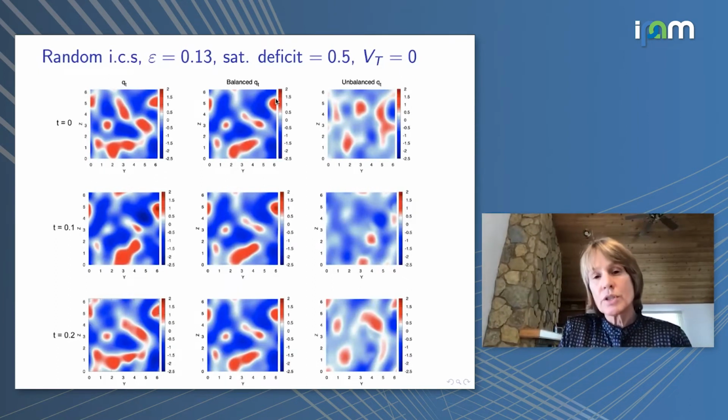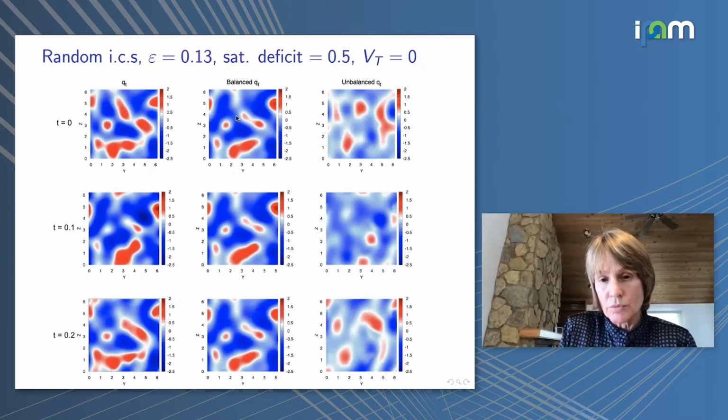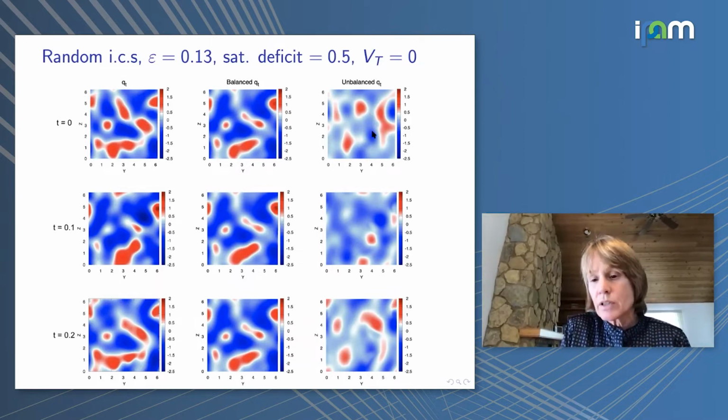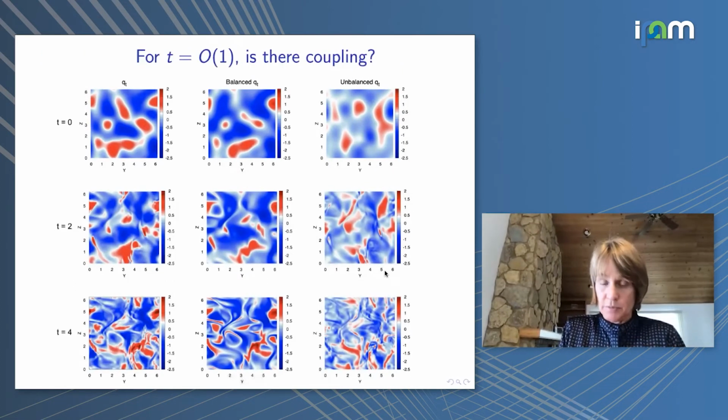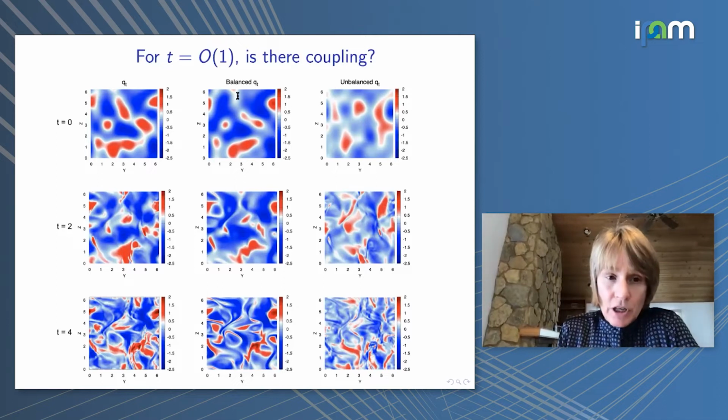And what you should notice from the middle column, which represents the slowly varying part, is that indeed you do not see much change in the red blobs and the blue blobs as you move down in time on these short time scales. Whereas in the right column, the fast wave part, there is much more significant variation. Okay, so we can monitor these quantities, split them into their slow and fast parts, and then we can look at longer times, order 1 times, and it's the same 3 columns here.